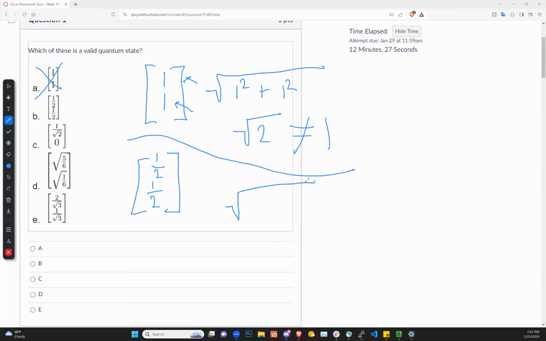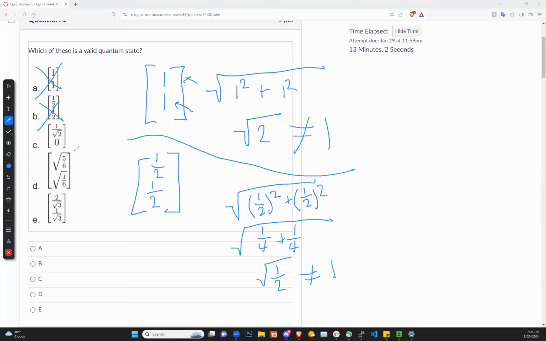We take the square root of this top number squared, so 1/2 squared, plus this bottom number squared, so again, 1/2 squared. 1/2 squared is a quarter, so we have 1/4 plus 1/4, which is the square root of 1/2. And this is also not equal to 1. You could plug this into a calculator if you wanted. So B is not a valid quantum state either.